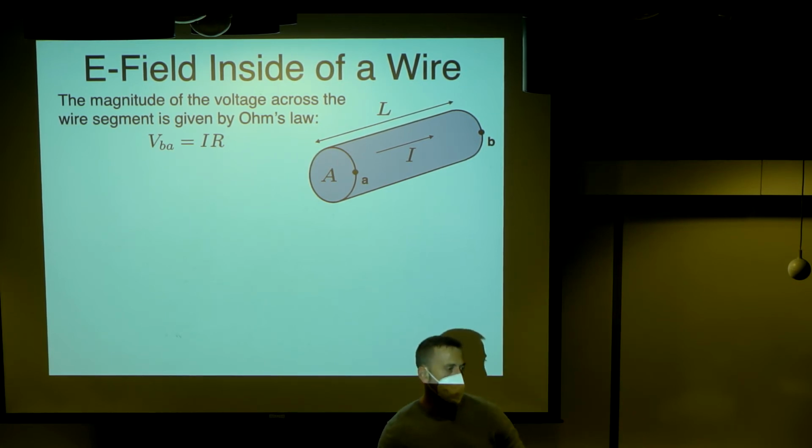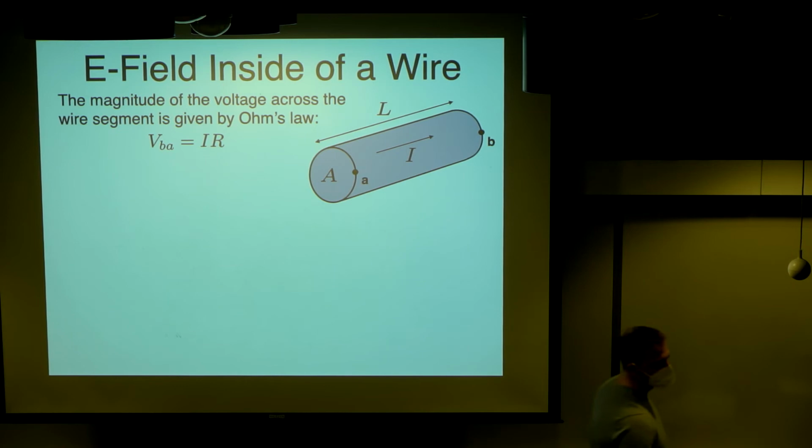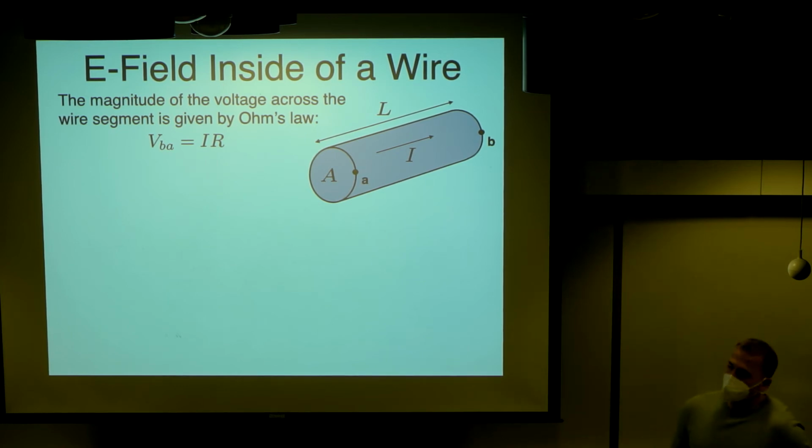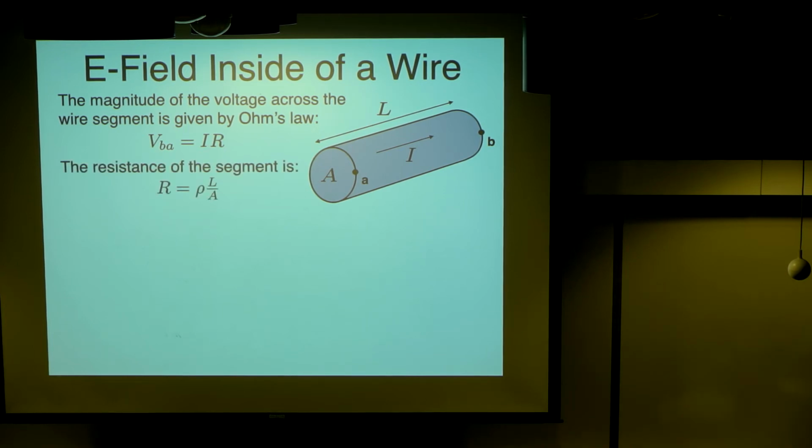Okay, we're just starting with Ohm's law. What we're going to do in this derivation, just so you know what the roadmap is, is come up with substitutions for all of these variables, V, I, and R, and we're going to bring into play the electric field. Okay? So let's go through how that goes. Let's start with the resistance.